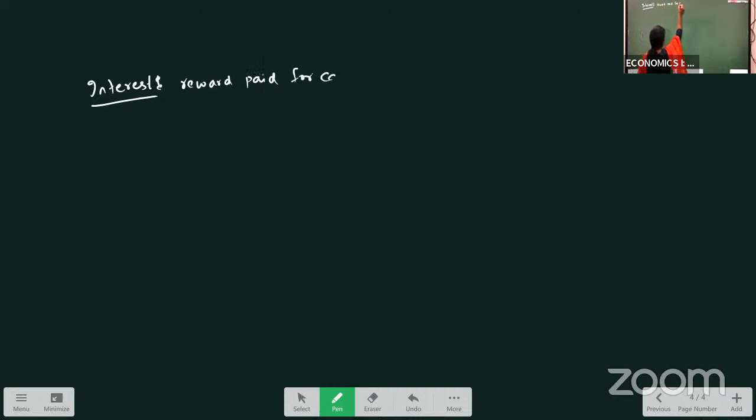When we have capital money with us and give it to someone else, in return we will get interest. Interest is the payment made by a borrower to a lender. It is regarded as the payment for the services of capital.